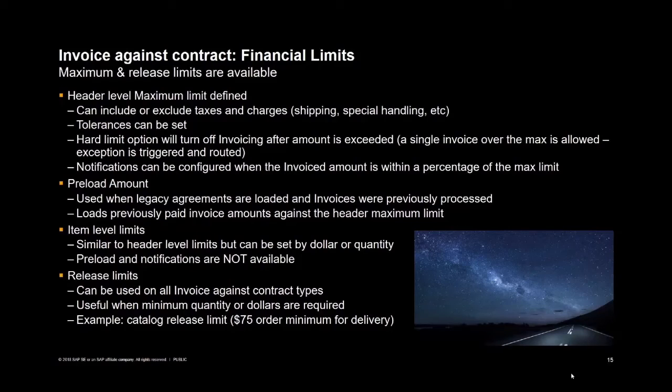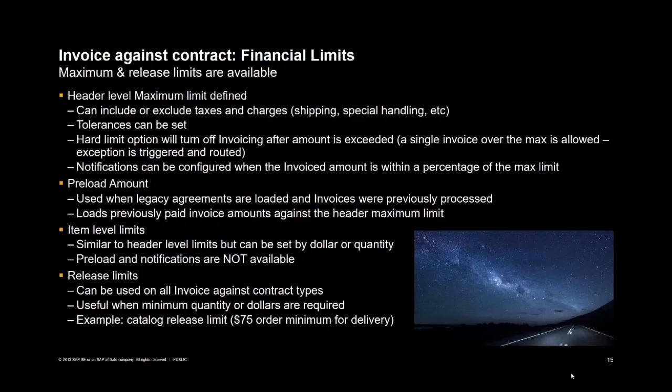Notifications can also be configured so that whenever that gets within a set limit, and you get to set the limit there, it will say, hey, you're at 85% of your total spend. Send a notification to the project manager just to inform them that they are close to their total amount. The preload amount, which is a cool field, allows you to preload the contract with legacy spend for legacy agreements.